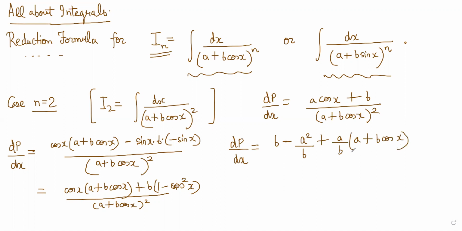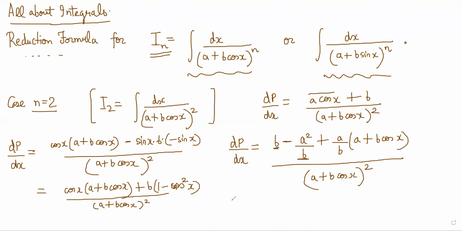Why am I doing this? Because the denominator is a plus b cos x. Notice that the numerator, if you multiply it out, gives plus a square by b, so I added minus a square by b. And this is plus ab by b, so a cos x, which is what I had here. And there is a b, right?